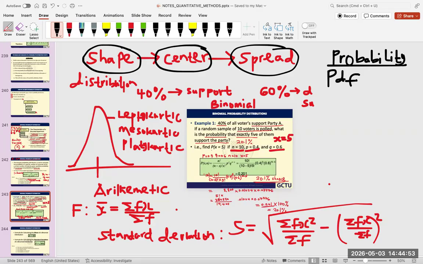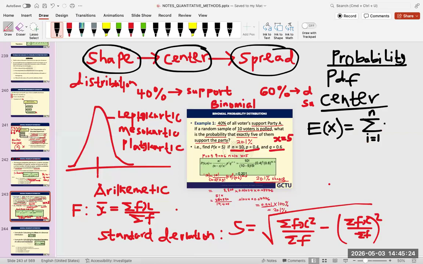After getting the PDF, we found the center of the PDF, which we represented as the expectation of x, E(X), equal to the summation over i, from the first item to the last item, of x times its corresponding probability, which we used last week.